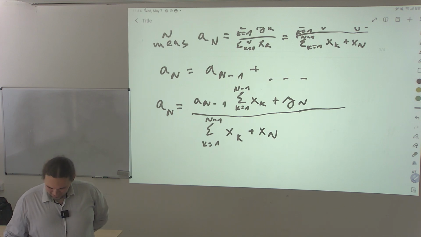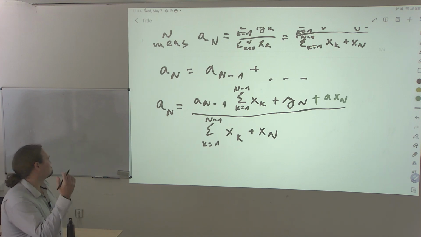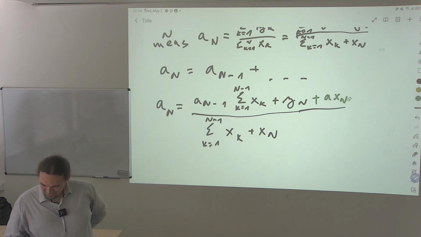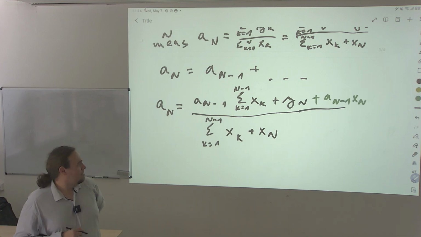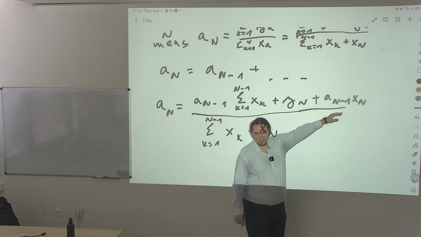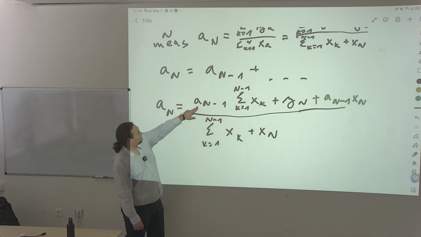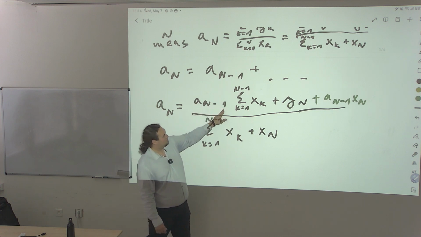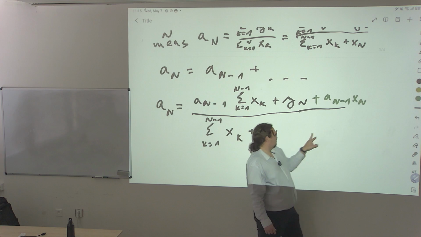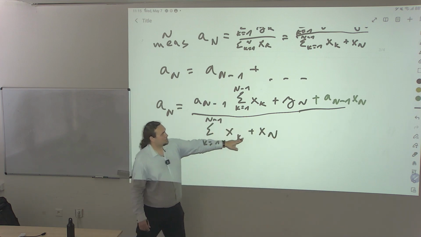Well, fake it till you make it, right? So let's just, yeah, sorry, n minus 1. If we just add this one, then we already have in the numerator an minus 1 times this sum plus an minus 1 plus this times xn.